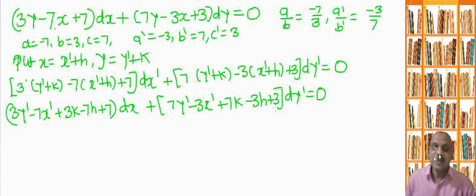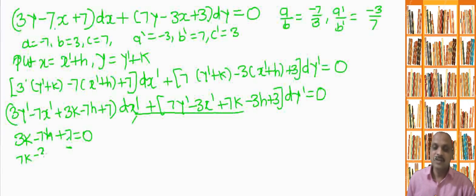Now we choose this h and k so that 3k − 7h + 7 = 0 and 7k − 3h + 3 = 0. So let us multiply this equation by 3 and this equation by 7.